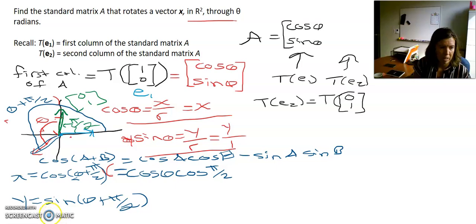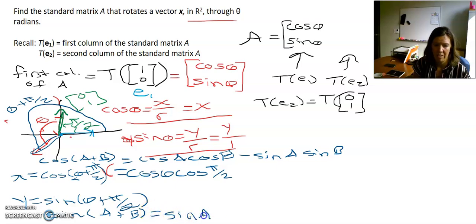For sine, while I'm talking about it, sine of A plus B is equal to sine of A times cosine of B plus sine of B cosine of A. Okay, so those are just straight formulas from trigonometry. So in this case, A is theta, B is pi over 2.